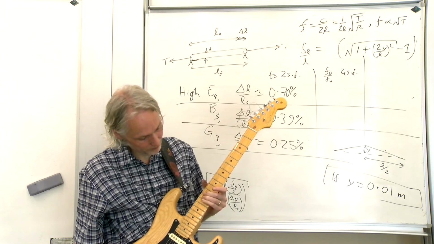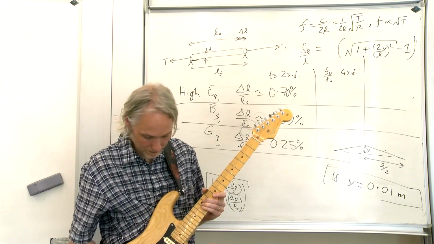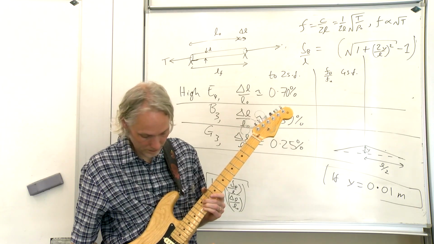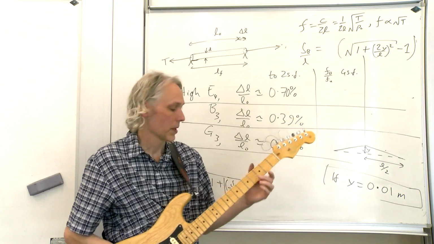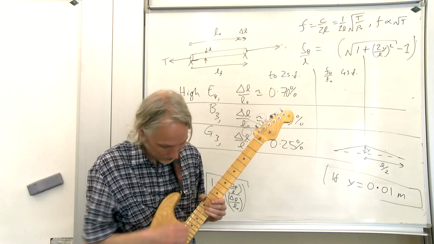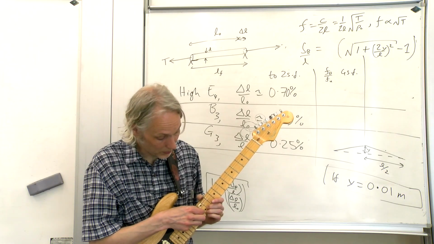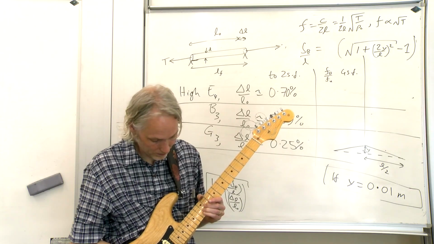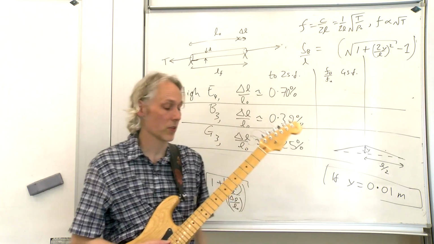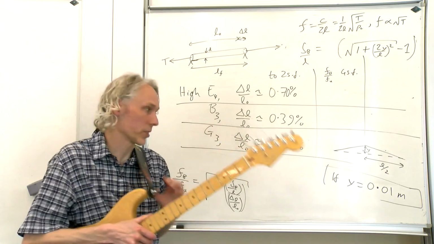Something like that. So it's ending up about here. Okay, and then this one is going to be a similar story. And this one bending about this much. So we get different distances of bend on these strings, and we want to explain that.